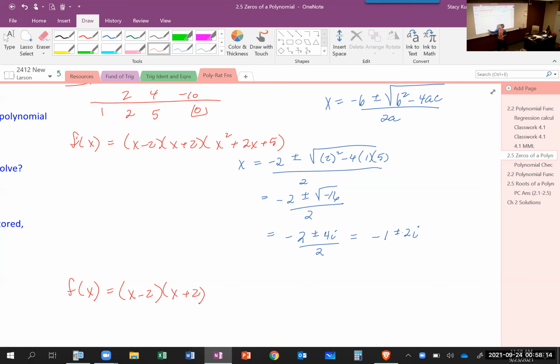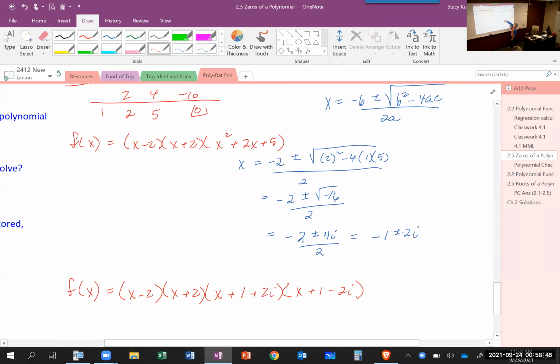So when I put it back into the factored form, it's always going to be the opposite sign of what I had, of where the root would be. So it's always going to be x, there's your variable, minus then the root. So what this looks like is x minus a negative, or plus 1 plus 2i, and x plus 1 minus 2i.